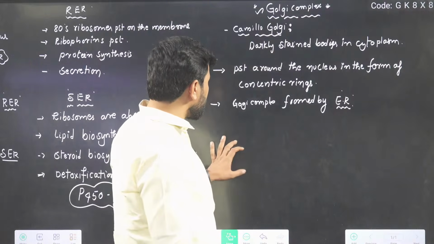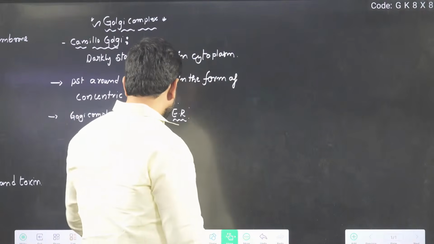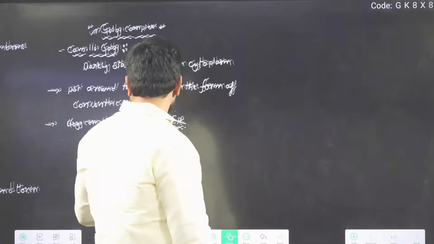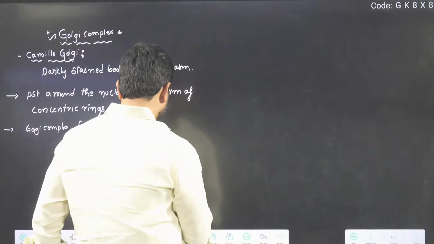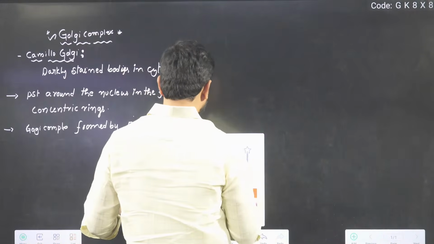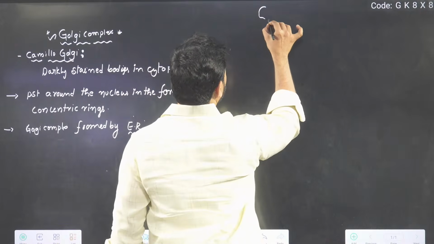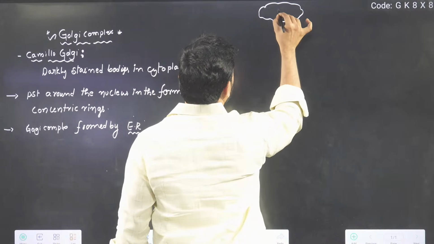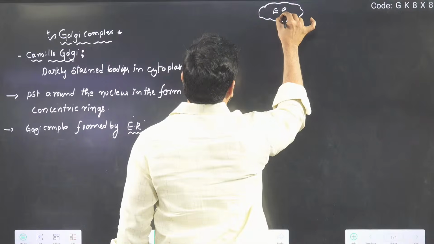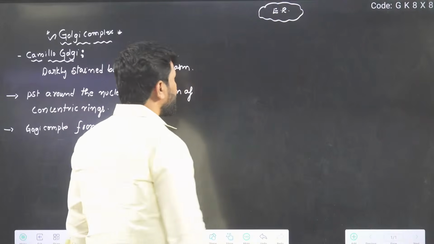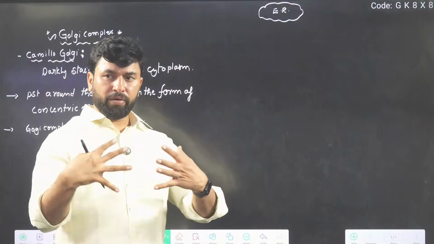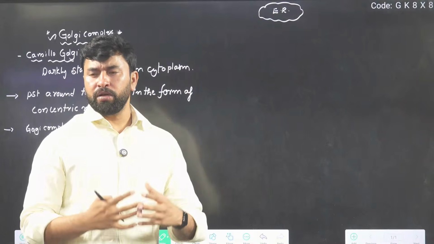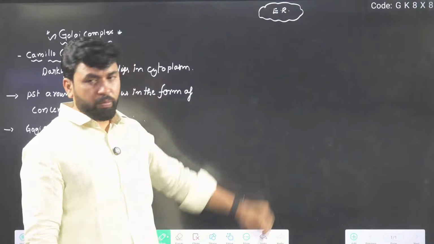Its appearance would be like this. For example, consider this one is endoplasmic reticulum. Not exactly like this, but for our convenience, I am taking it as endoplasmic reticulum. You have an idea how endoplasmic reticulum looks like. This is endoplasmic reticulum.